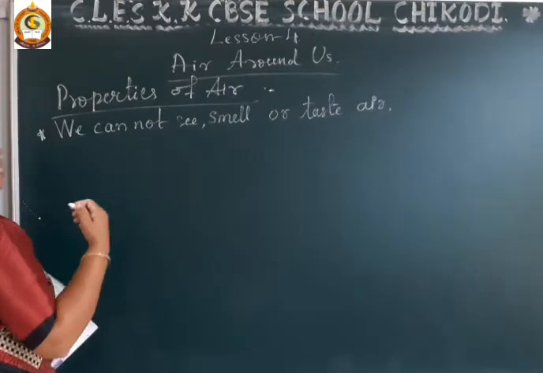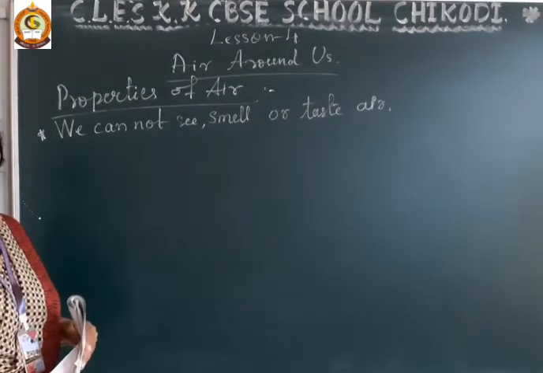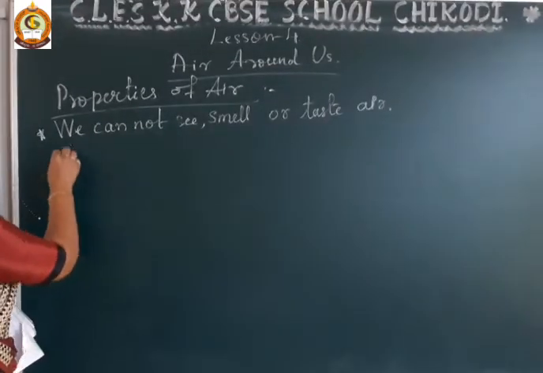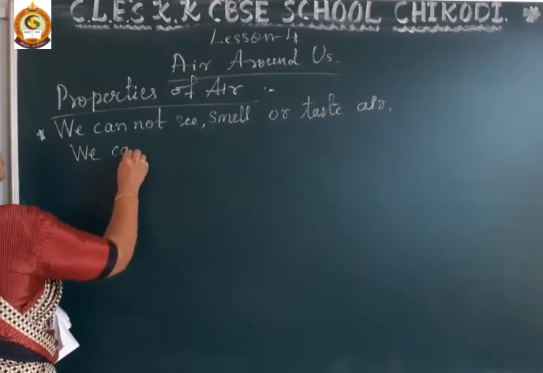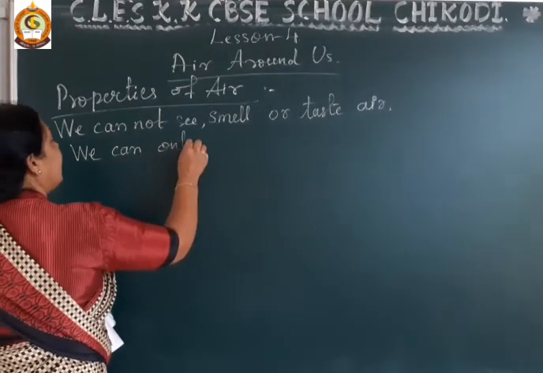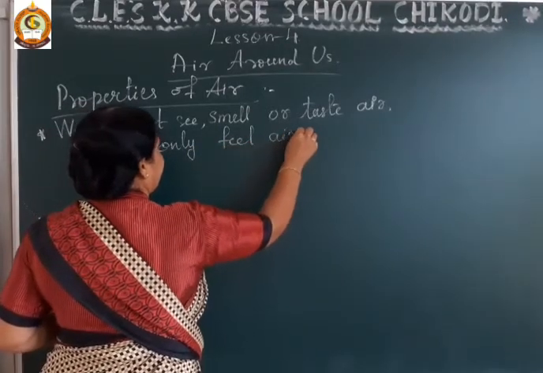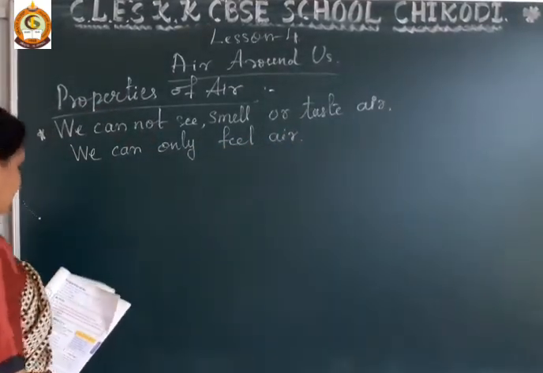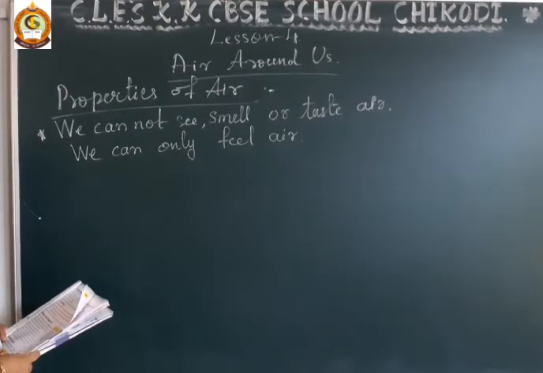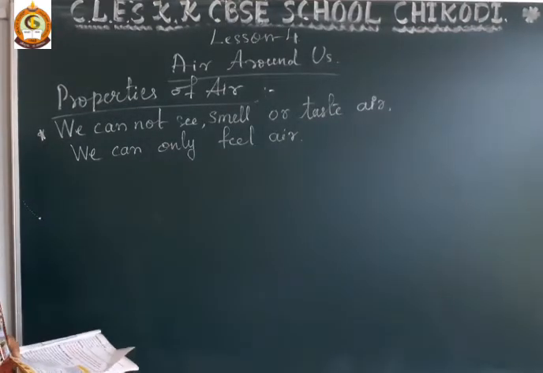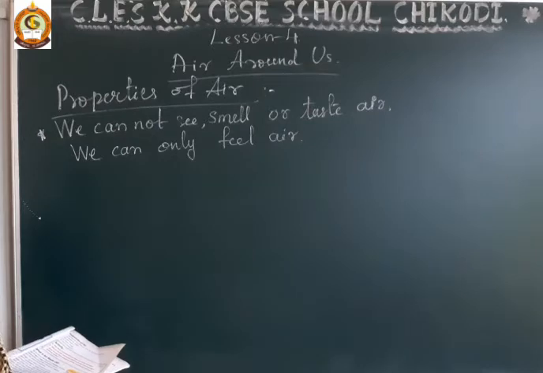Then how can we come to know that air is there? We can only feel air. We cannot see the air, we cannot smell the air, and we cannot taste the air.